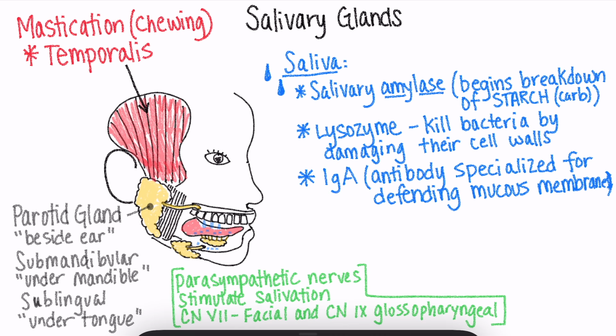So that's the temporalis, and then also the masseter. Here we go, color this. This is the masseter. You can see how both of these, based on where they insert, can close the jaw. Right there, you can see how both of those pull the jaw closed.